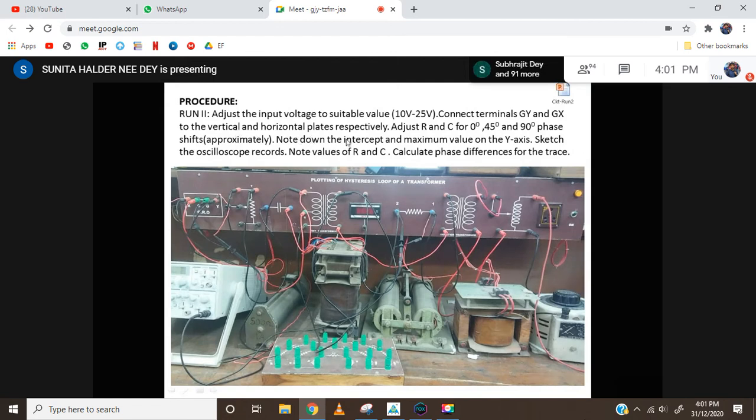Note down the intercept and maximum value on the y-axis and find out the angles. Sketch the oscilloscope records and note the value of RC, that means for which value you are getting the 0 degree, 45 degree or 90 degree. Calculate phase differences from the trace.